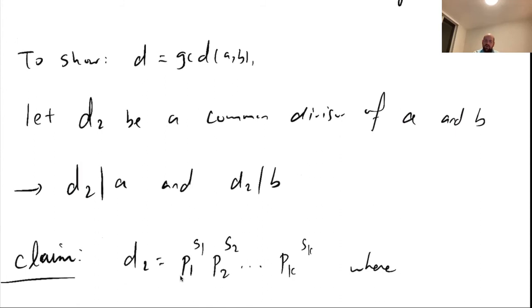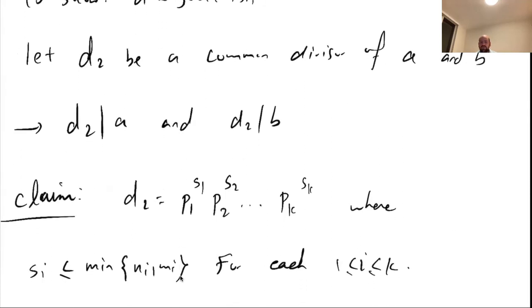So I want to show that D is the greatest common divisor of A and B. To show this, I considered a common divisor of A and B. I called it D2. So if D2 is a common divisor of A and B, that means D2 divides both A and also B, right? Meaning that D2 is a factor of A and also a factor of B. Now my claim is that D2 can be written of this form, P1 to power S1 all the way to Pk to power Sk, and each Si is less than or equal to minimum NiMi.